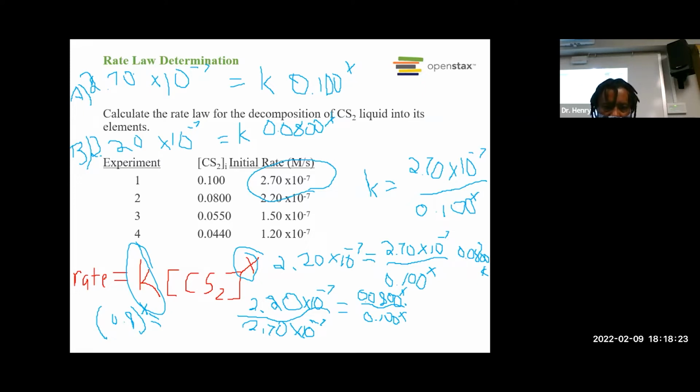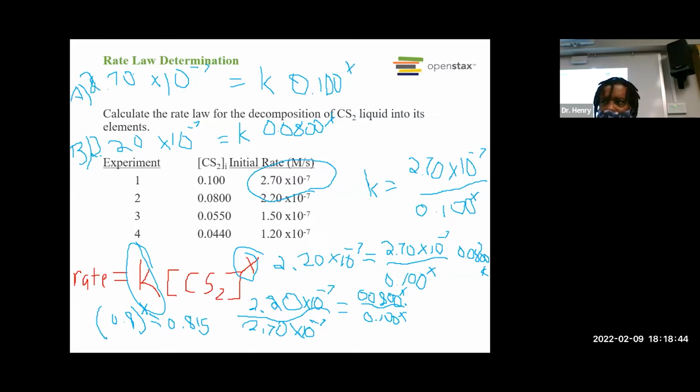So then that's 0.815. Okay, do you guys agree with me there?